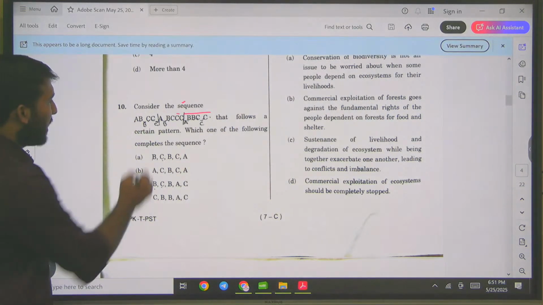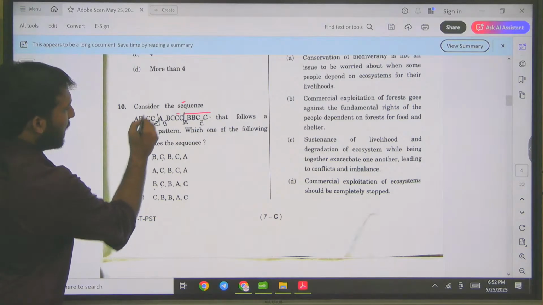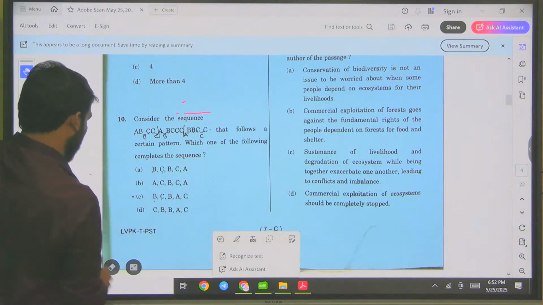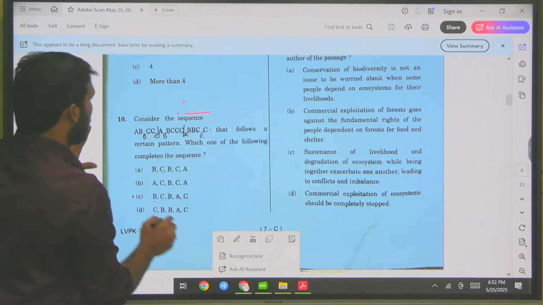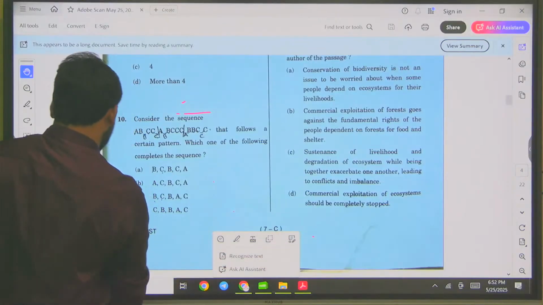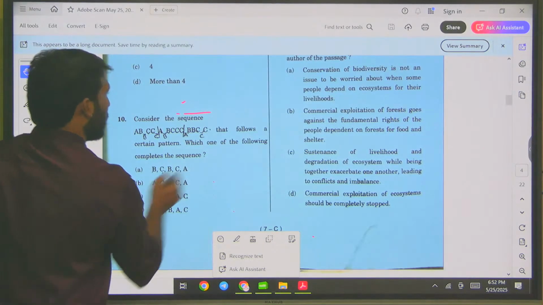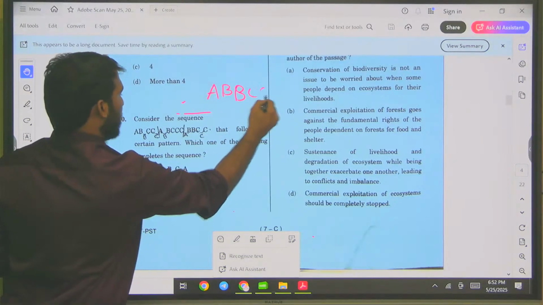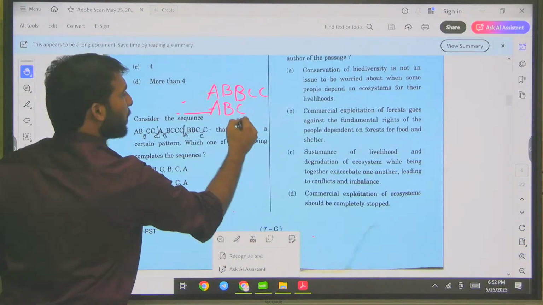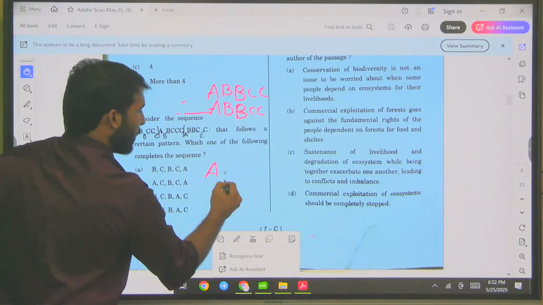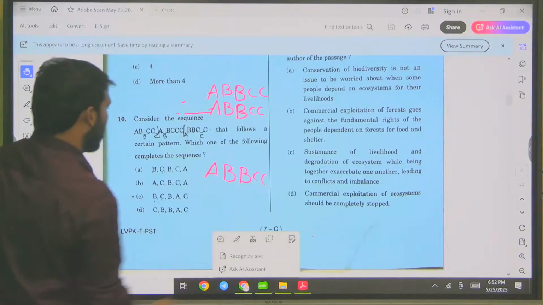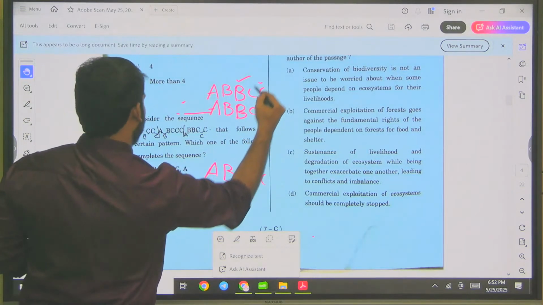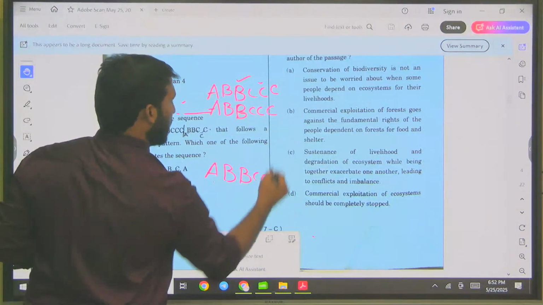In this, the series will be A, B, B, C, C, A, B, B, C, C, A, B, B, C, C. So what are the missing values? Here B is missing, and C.